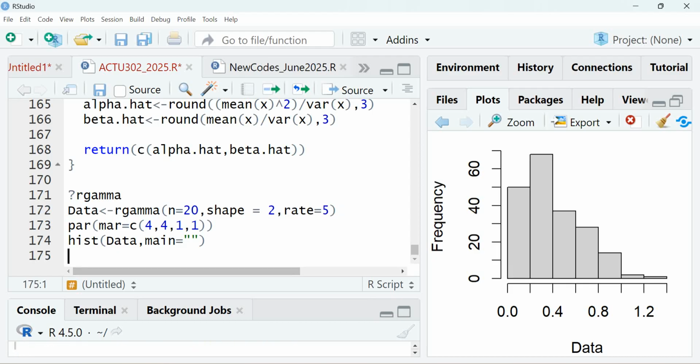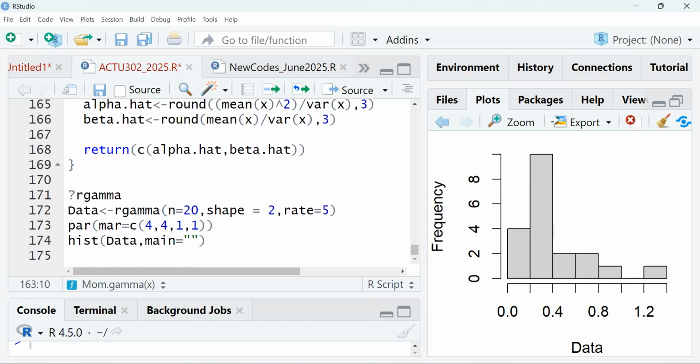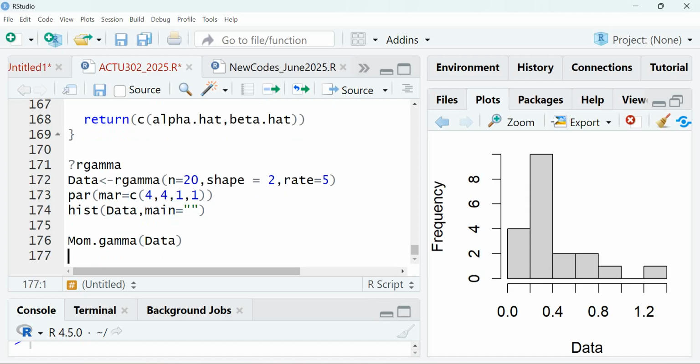because I want us to also have, I'll ask you a question on this. So I call mom dot gamma and then I pass in this data. What do I expect?